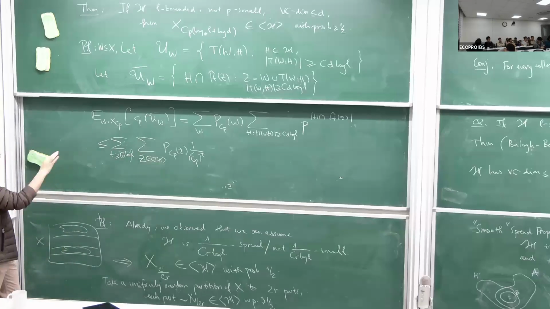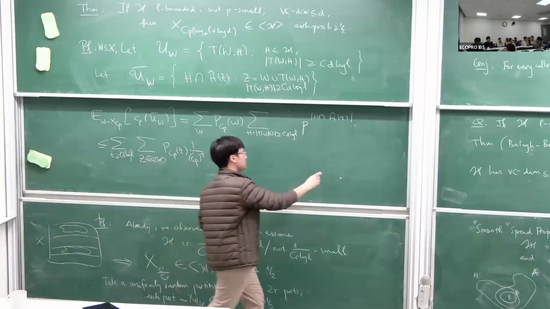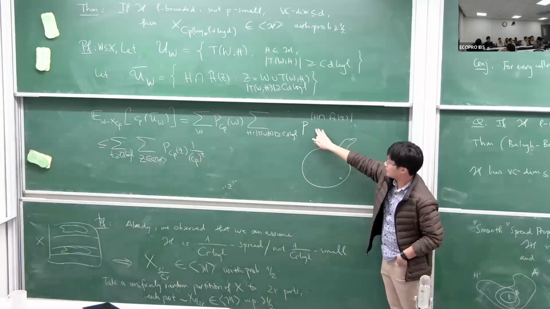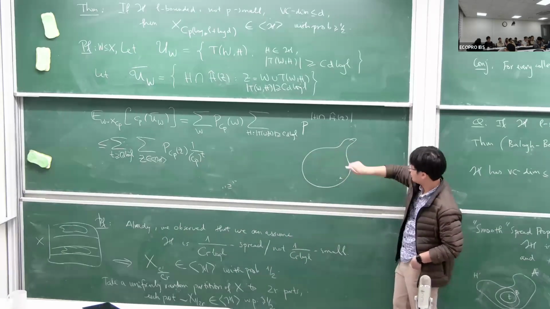Okay, what's inside? Let's be a bit more careful now. What is happening is we have this sum up here over W and H, right?